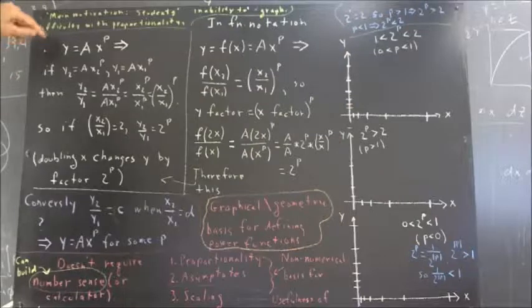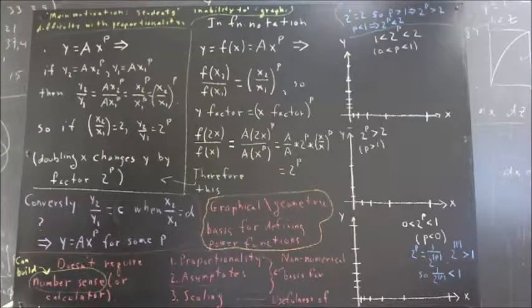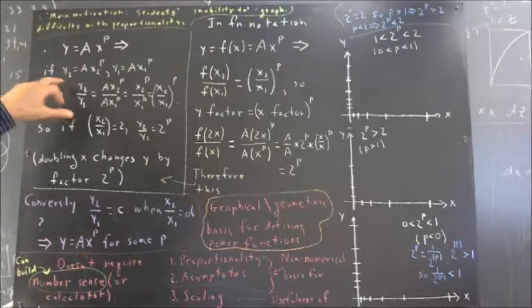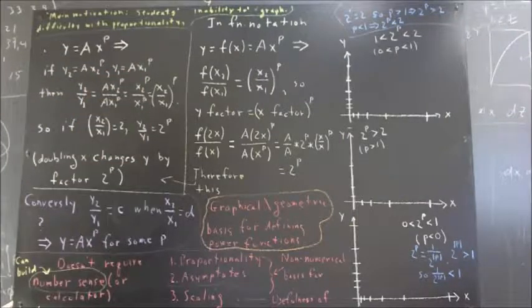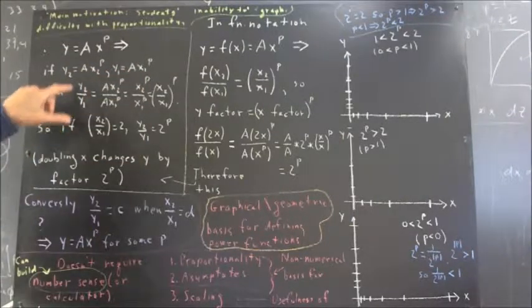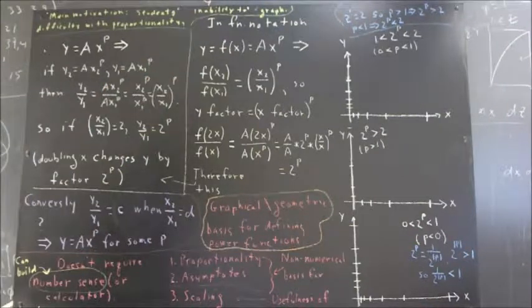Okay, anyhow, so we start with y equals ax to the p, the usual definition of a power function. If that's the case, then if y2 equals ax2 to the p, y1 equals ax1 to the p, it follows very simply that y2 over y1 is equal to x2 over x1 raised to the p.